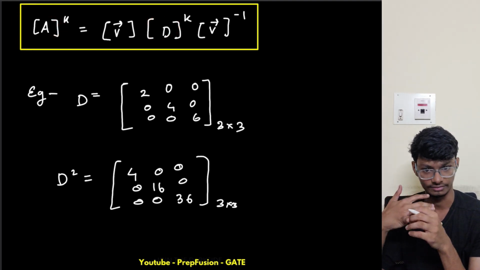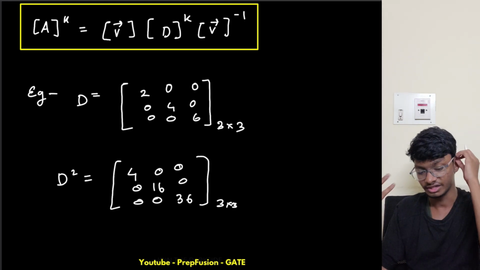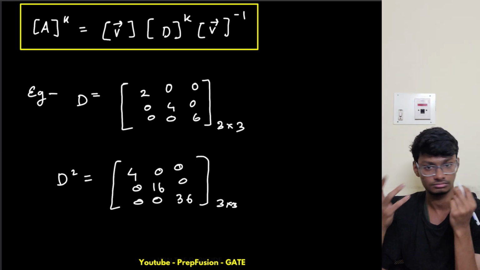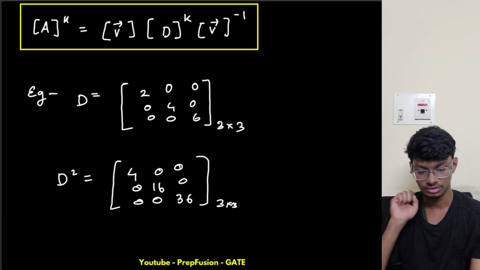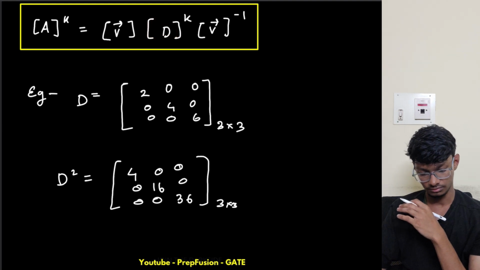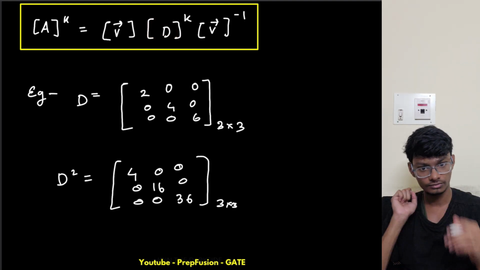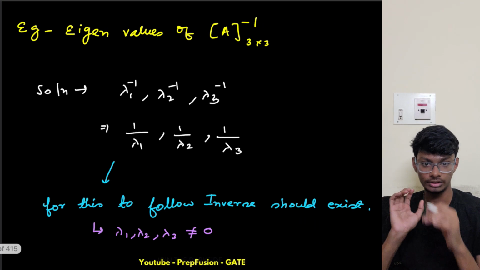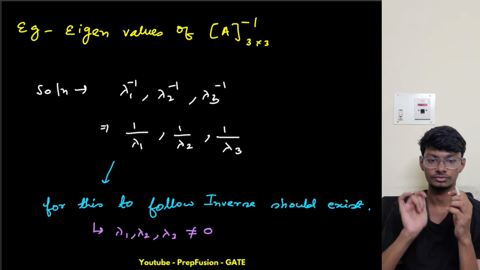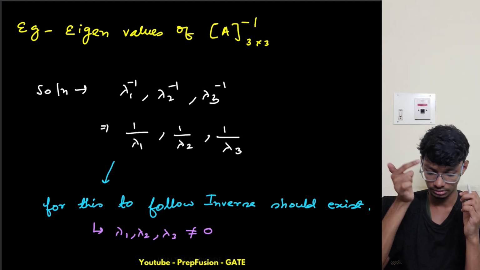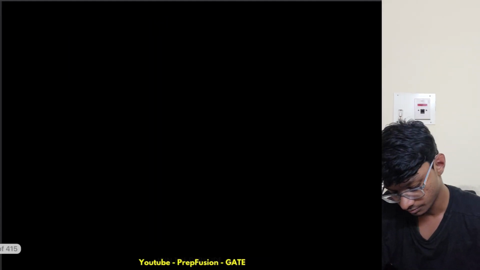But if you just find the eigenvalues, then also you can find the diagonal matrix. There is also another way to directly find the diagonal matrix without the eigenvalues.